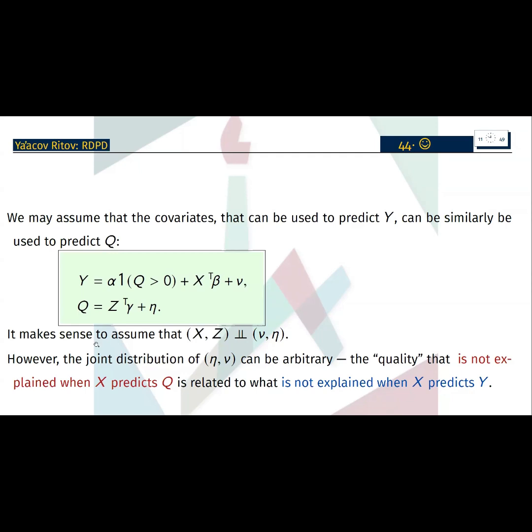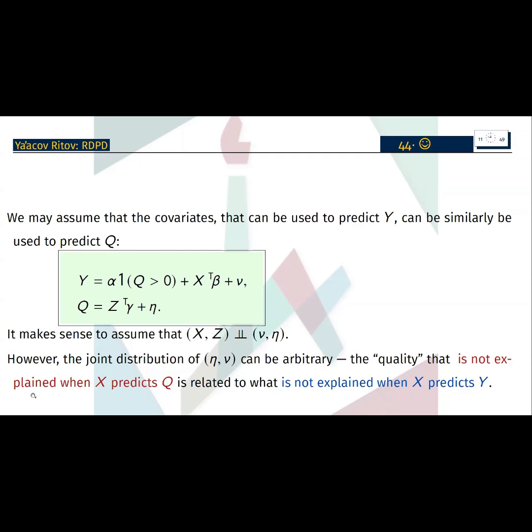Now, x and z here, in many cases, would be just the same. So I don't say anything about how x and z are related. Sometimes they will actually be the same: demographics, age, all the demographic variables, all your preparation for the program, whatever the background, all of them would be put both here and here.